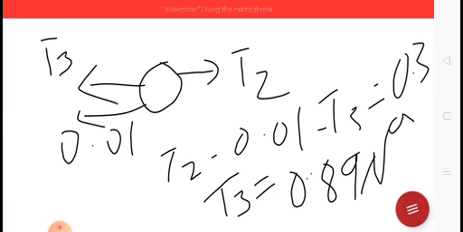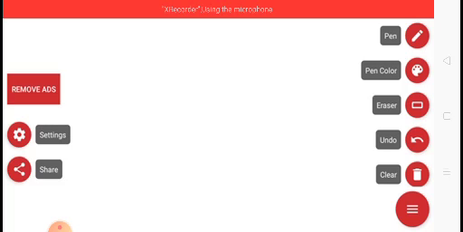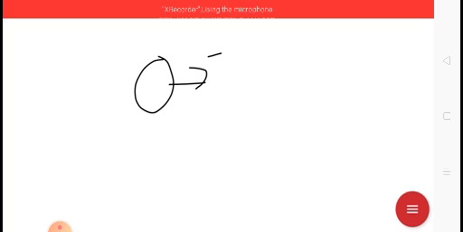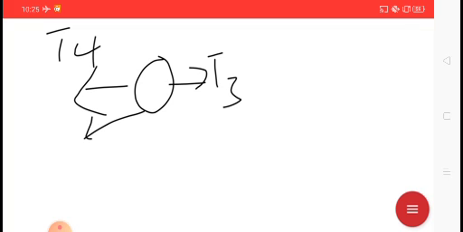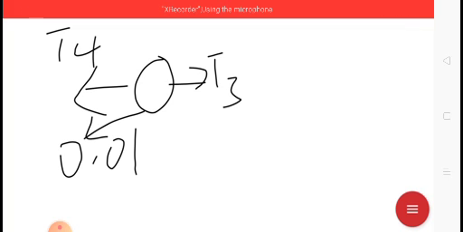For the last one, here is T3, here is T4, here is 0.01.